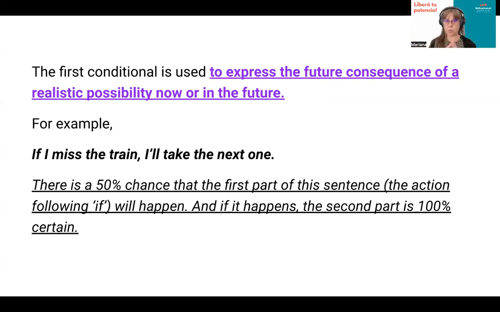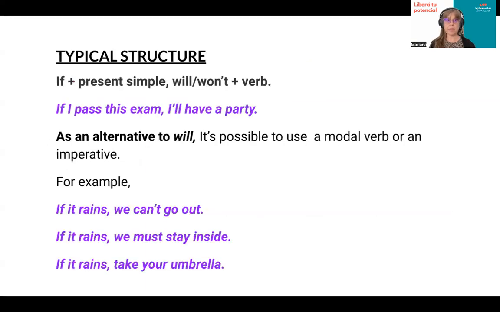But again, we are talking here about something that we consider possible to happen. We consider real, we consider something realistic, okay? The typical structure is with if, and in the sentence with the if, you use present simple. In the other one, you use will.